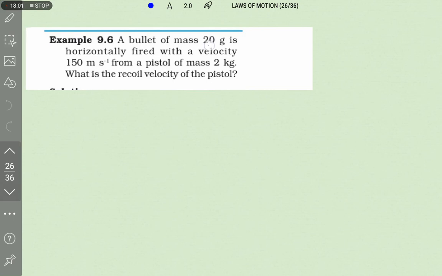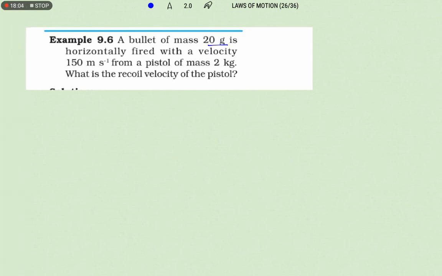A bullet of mass 20 gram is horizontally fired with a velocity of 150 meter per second from a pistol of mass 2 kg. What is the recoil velocity of the pistol? So here, when a gun and bullet system is given, definitely the system follows the law of conservation of linear momentum. If the system follows the law of conservation of linear momentum, momentum is constant.